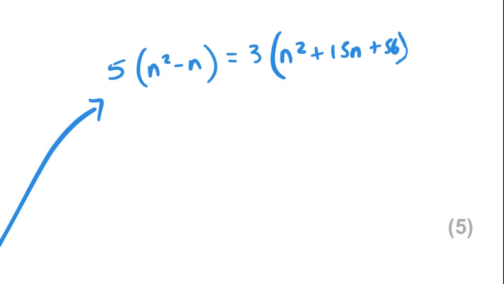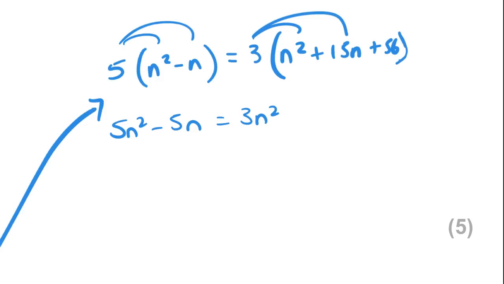So now what do you think I need to do? Expand again. So 5n squared minus 5n equals 3n squared plus 45n, 3 times 56, plus 150, 168. Okay.